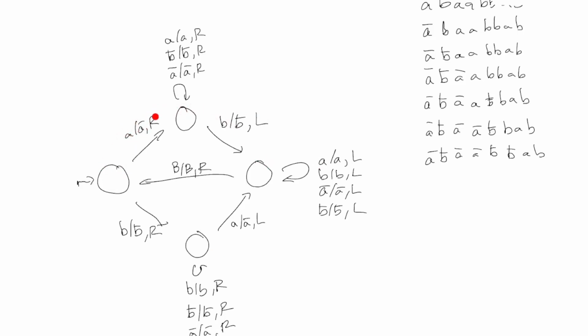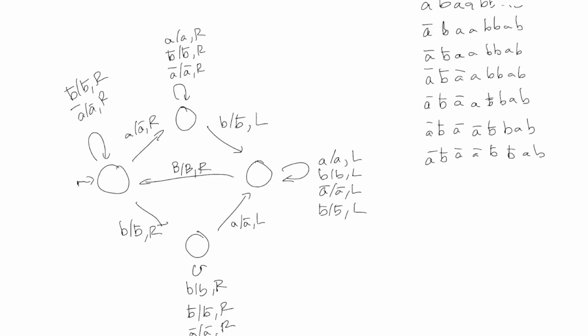The first letter is an A, I mark it. Then I search for a B, I mark that somewhere. Then I go all the way back to the beginning. I come back here. But then the second time through here, I will be starting at the first A that I already marked. So it'll be looking at an A bar. I want to just move past anything that has been marked. So my little trick to make that happen is this: A bar R, B bar R.